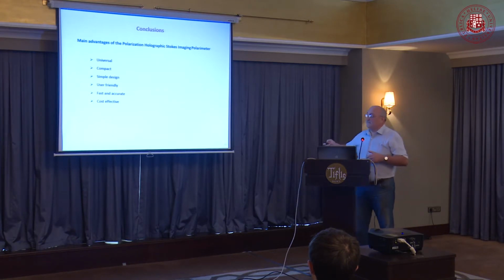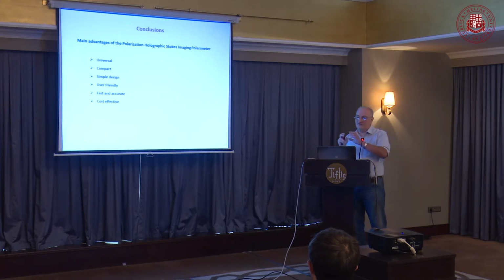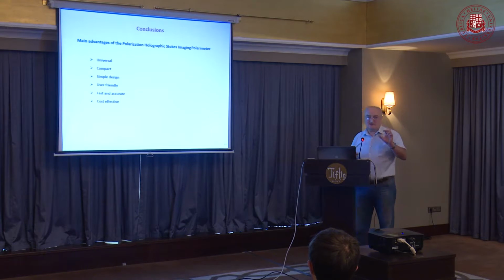You can use it on the ground for large or small telescopes, or even in space. So universal, very compact, because you are not using electric things, you are not using any kind of modulation, so you have only one optical element which does everything.